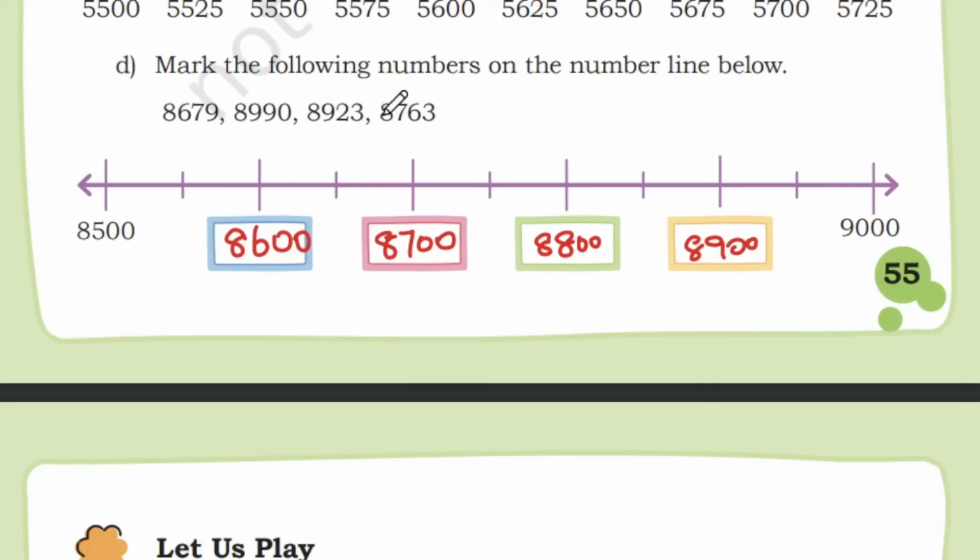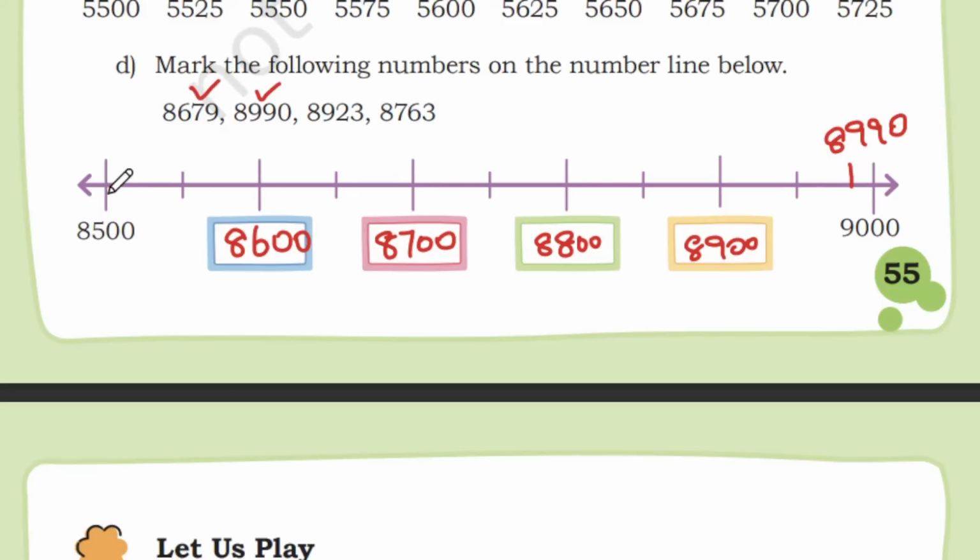Okay, now you have to mark these. Let me mark 8,990. So here is 8,000 and this is 9,000. Just one line before is 8,990. Okay, next we will mark 8,675.